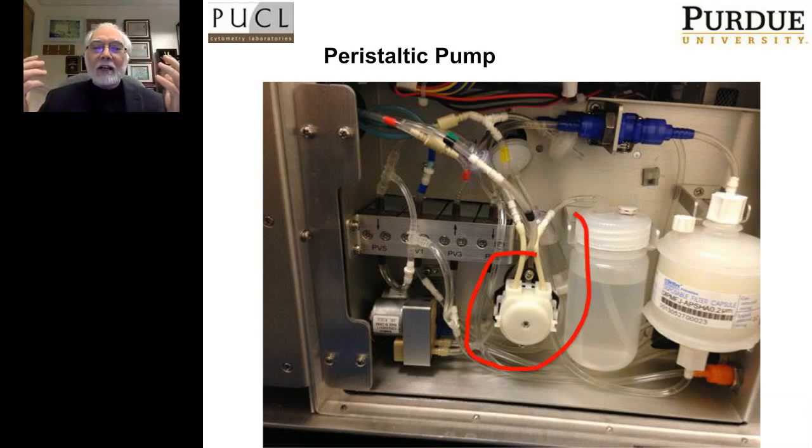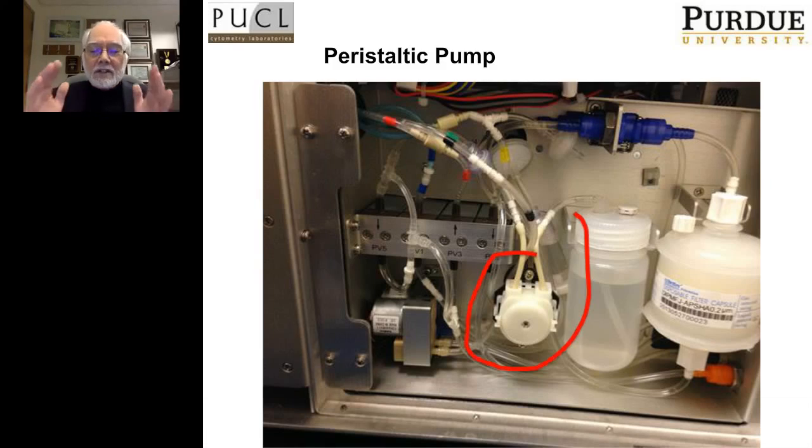And I don't think there's anyone in the field of flow cytometry that would be happy with pulsations going through the flow chamber. And so it's a very reasonable question as to how you dampen any potential pulsation.